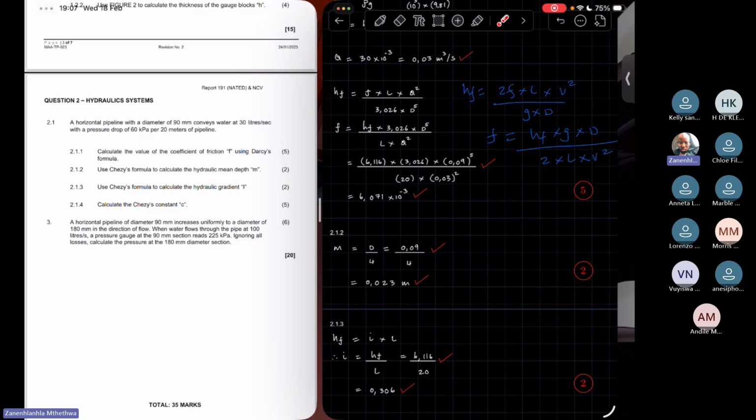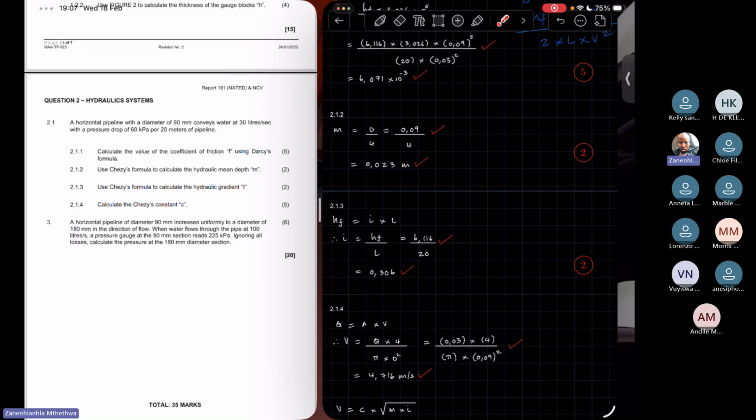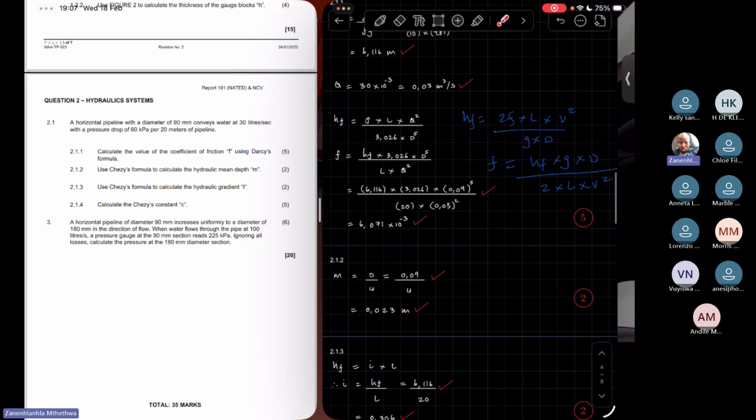My question was, since I didn't calculate the velocity on 2.1.4, I just substituted it from the one that I've calculated. Am I going to get the full marks? Yes, because you had already calculated it. No need to calculate it twice. So don't worry about that.